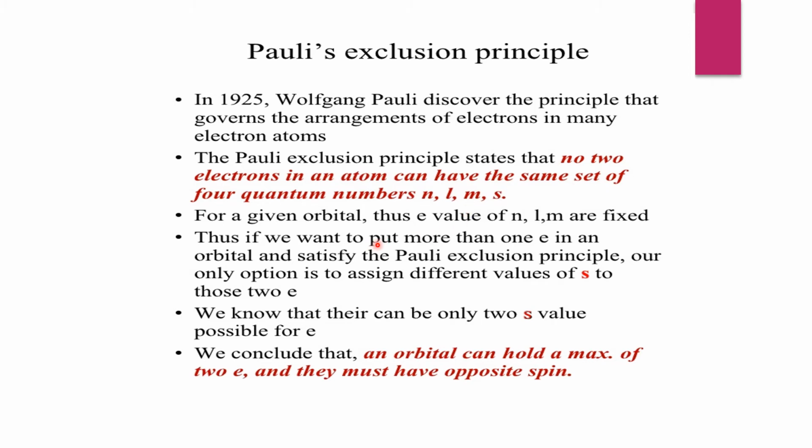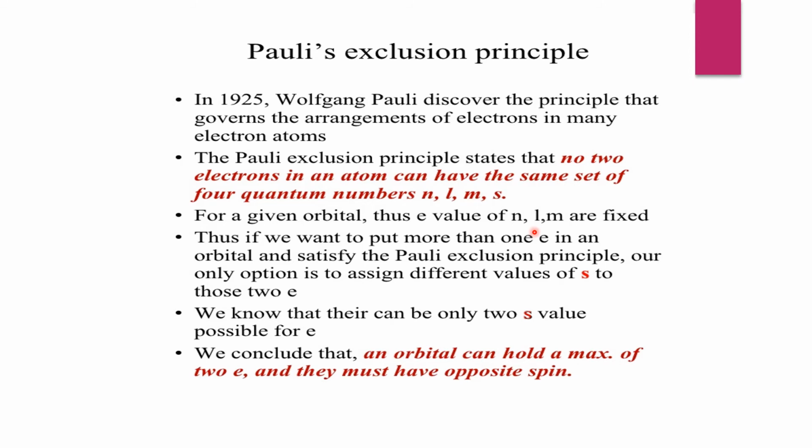For a given orbital, the values of n, l, m are fixed. For example, when you take an electron in the first orbit, its n value is 1. And when we speak about its l value, in the first orbit only the s orbital is available, whose l value is 0.